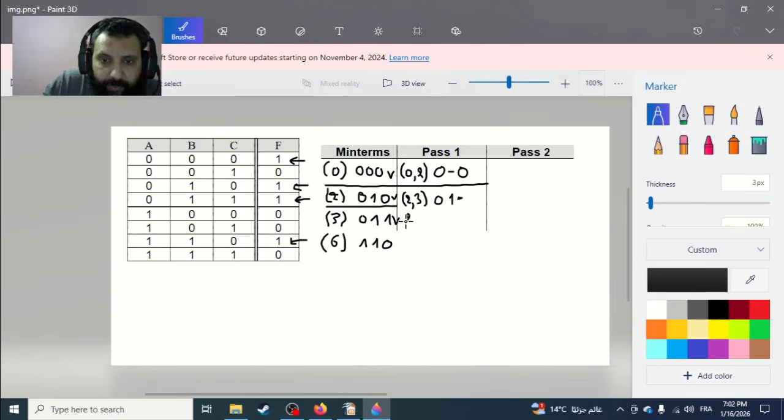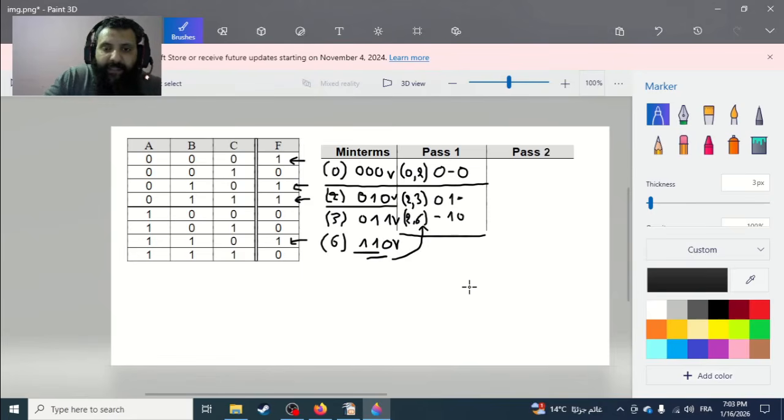That produces dash 10. Dash means that A was eliminated, and what's left is the value 10. Okay, very good. And we stop here. We finished. We put a V here to tell that this mean term was implied in an aggregation.